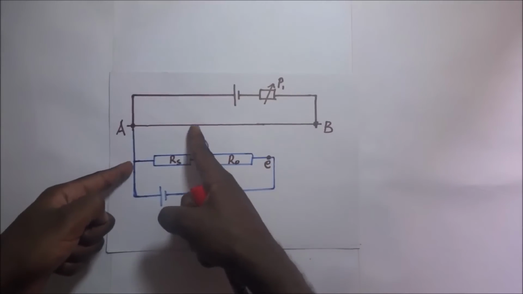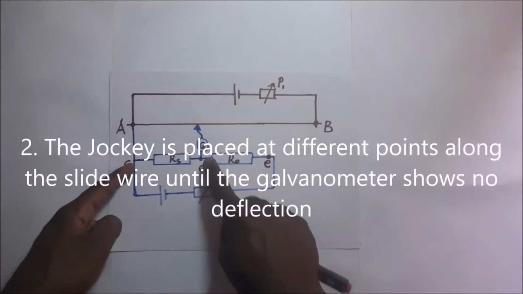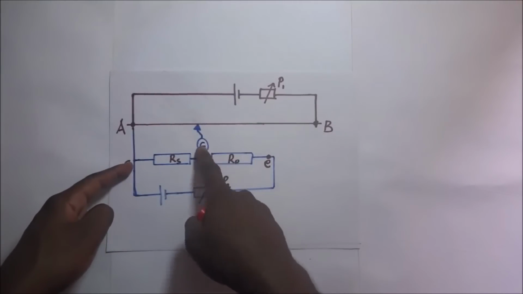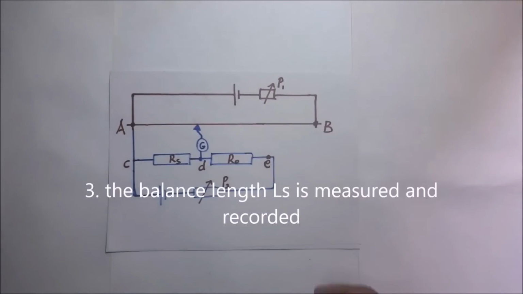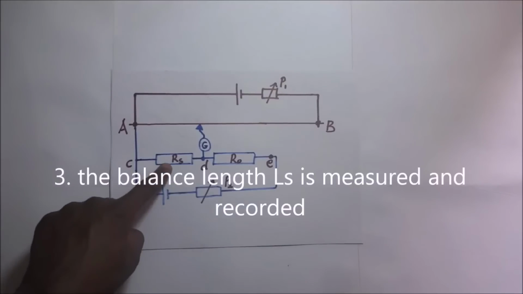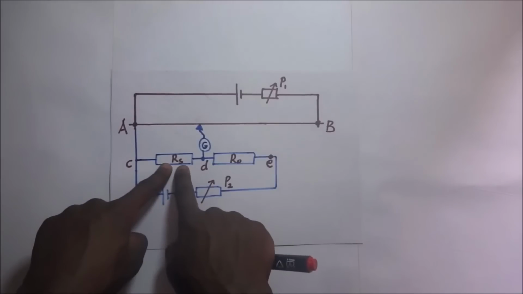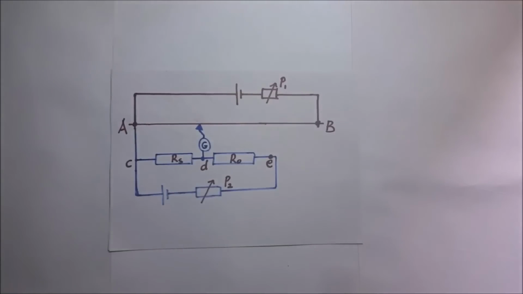We tap the jockey of the galvanometer across the slide wire AB up to a point where the galvanometer shows no deflection. When that point is achieved, we will be able to measure off the balance length, and then we measure it and record it. Since the balance length we will be getting is for a resistor RS, a standard resistor, we shall call the balance length LS.